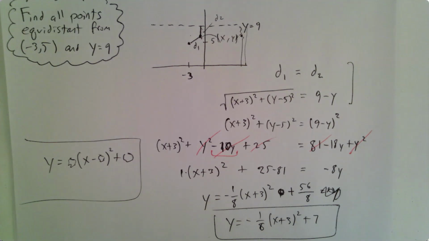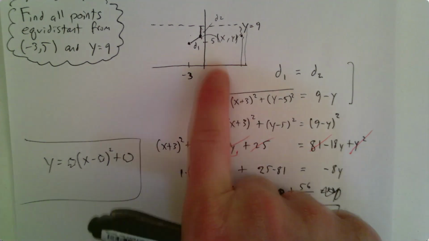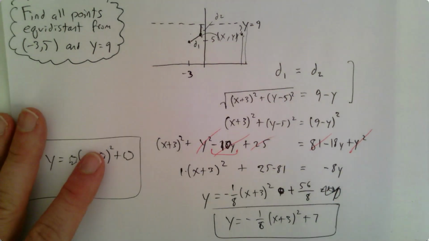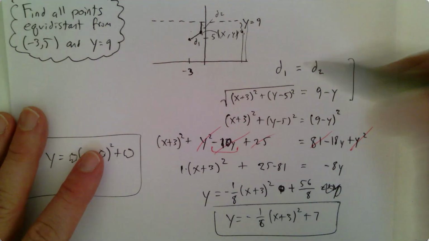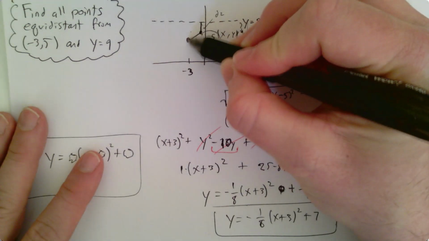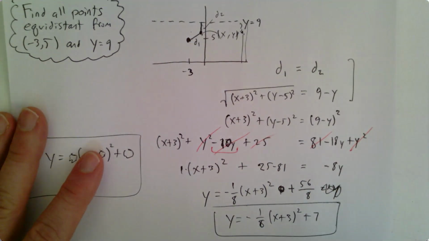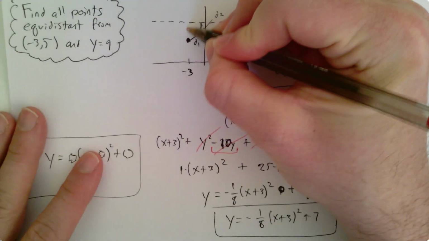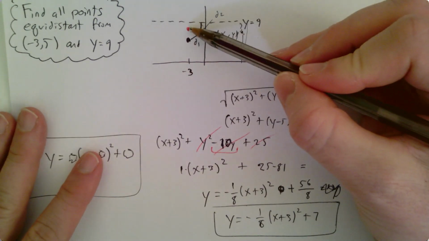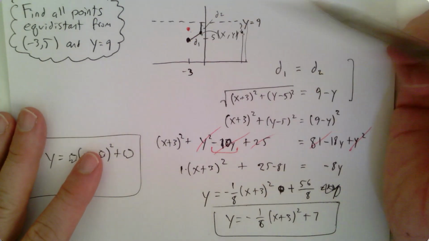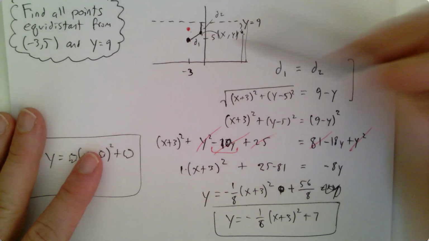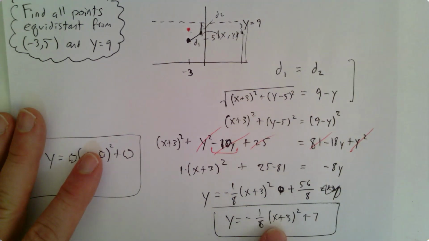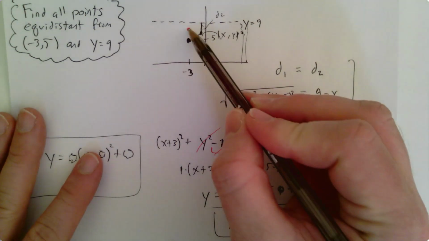Okay, let's go back and think, does that fit our expectations for the original conditions? Originally, this was the point and that was the line. So I know that the point that's exactly halfway between the point and the line should be on the curve. And negative 3, 7, which is the vertex for this form, is that exact point.